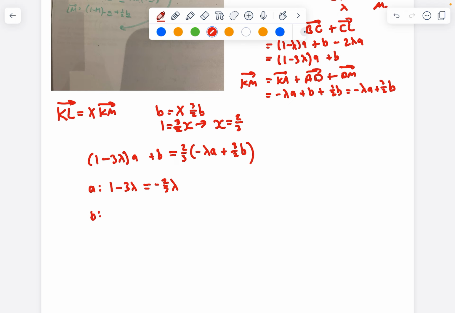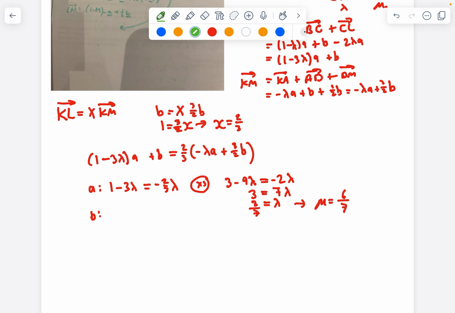If I multiply this through by 3, I've got 3 minus 9 lambda equals minus 2 lambda. If I add 9 lambda to both sides, I've got 3 equals 7 lambda, and therefore lambda equals 3 over 7. And if lambda equals 3 over 7, that means mu is equal to 6 over 7.